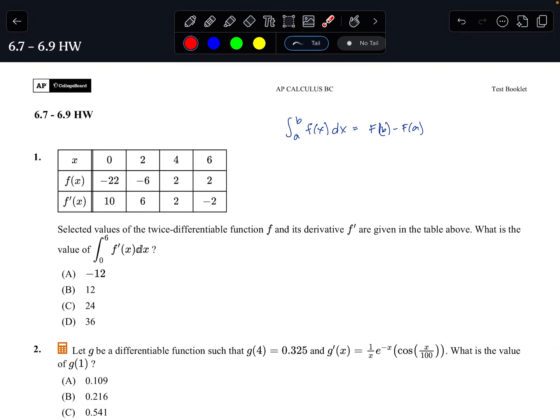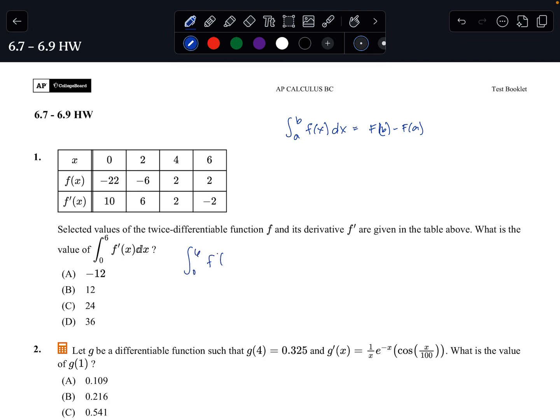For this first one, we have a table, and it says that we have a twice differentiable function f and f prime in the table above. What is the value of this integral? So an integral can be evaluated.